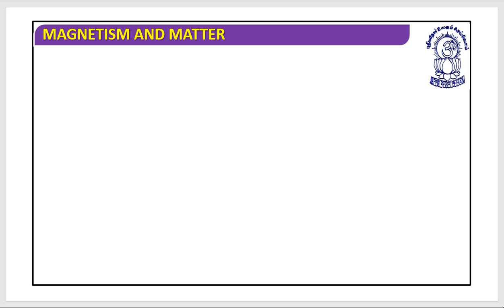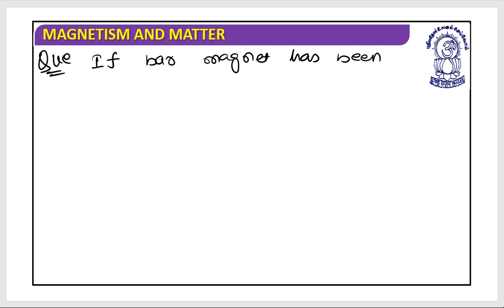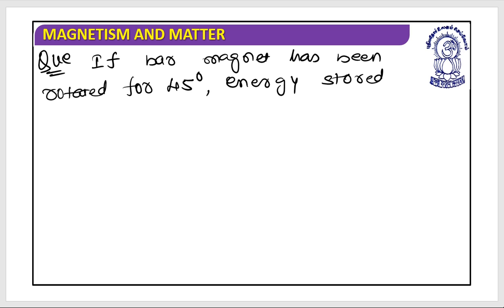The question says that if a bar magnet has been rotated by 45 degree, the energy stored in it is 100 joule.